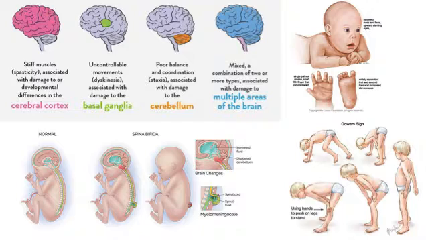So some examples of physical disabilities are cerebral palsy. You can look at picture number 1. There are different causes for cerebral palsy depending on which area of the brain is affected. You can have a look there in the picture.